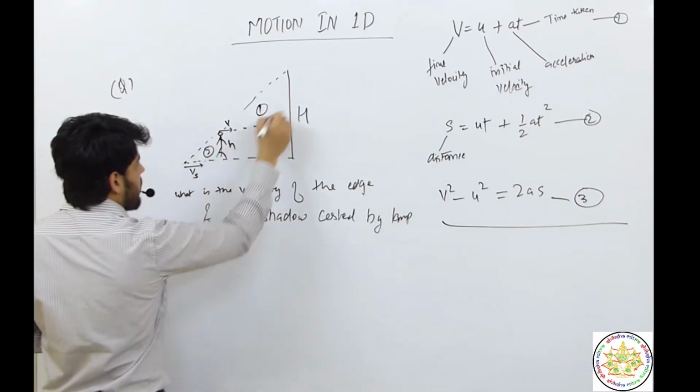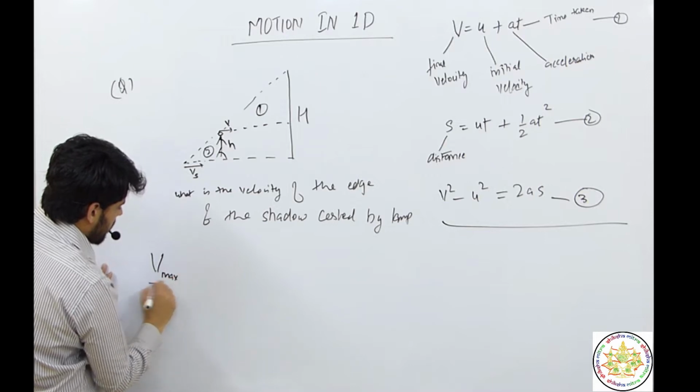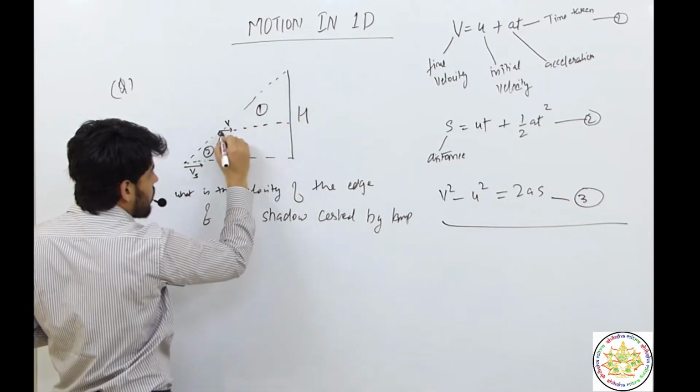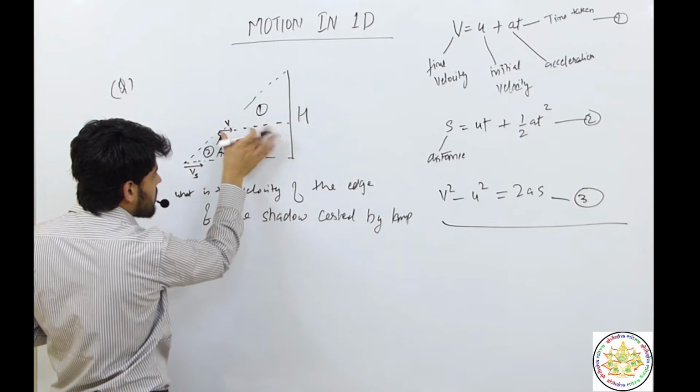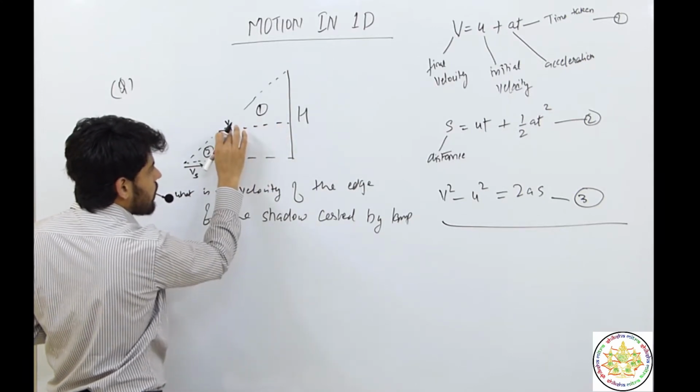Taking the first triangle, velocity of man divided by height, this base is taken as a velocity component because this distance is covered due to this velocity only.